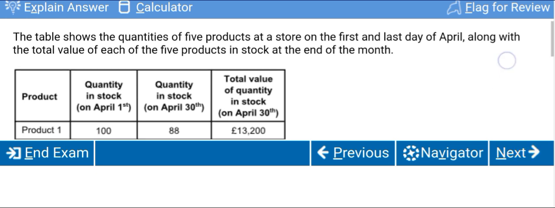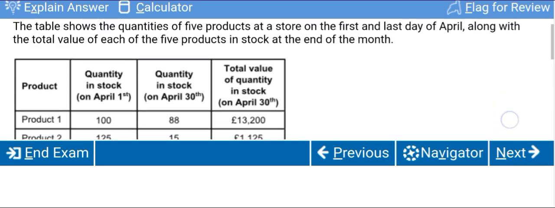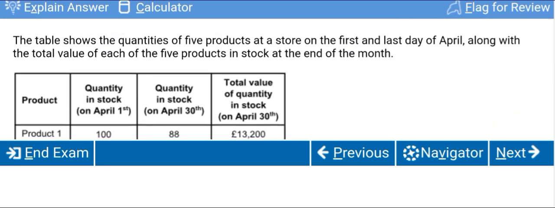Again with the same statement, no, it's not the same statement, sorry. It's a different question which says the table shows the quantities of 5 products at a store on the first and last day of April, along with the total value of each of the 5 products in stock at the end of the month.